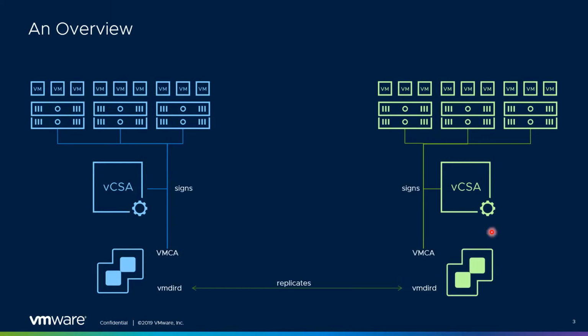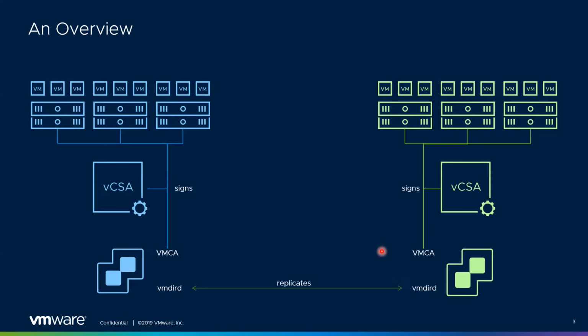So that these two vCenters can trust each other, the VMDR also contains a list of all trusted root certificates within one environment. Because if you just install this PSC, its VMCA is just for the blue environment, and the green VMCA is just for the green environment.